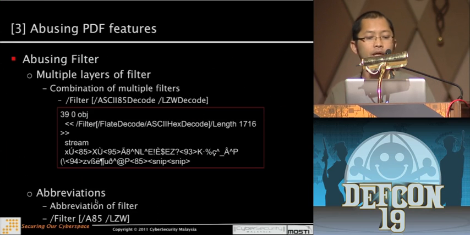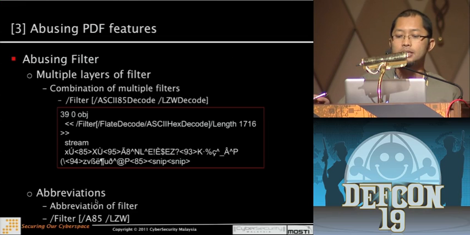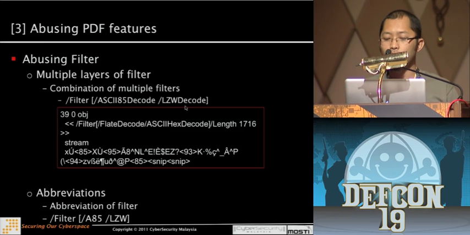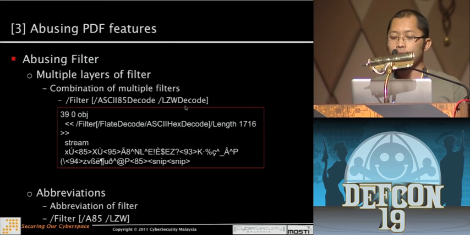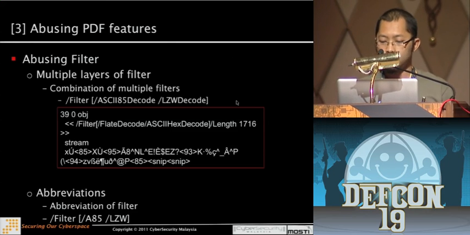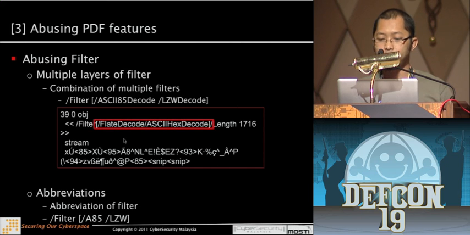And then you can also abuse the filter by implementing multiple layers of filters. For example, you combine ASCII85Decode with LZWDecode. There is no limit for you to play around with it, so you can add multiple filters on this one. For example, this one implements FlateDecode and is going to do ASCIIHexDecode later on.